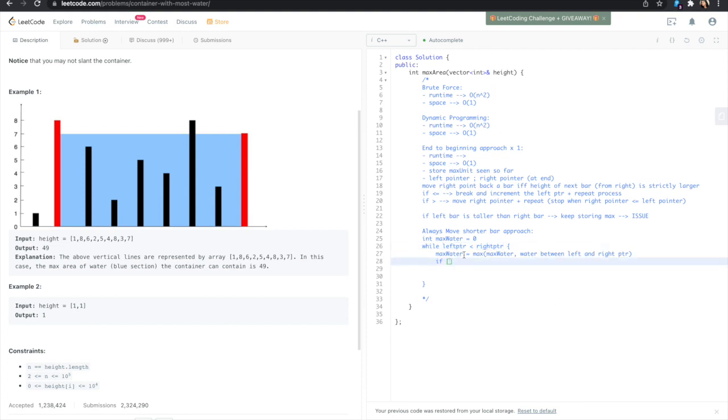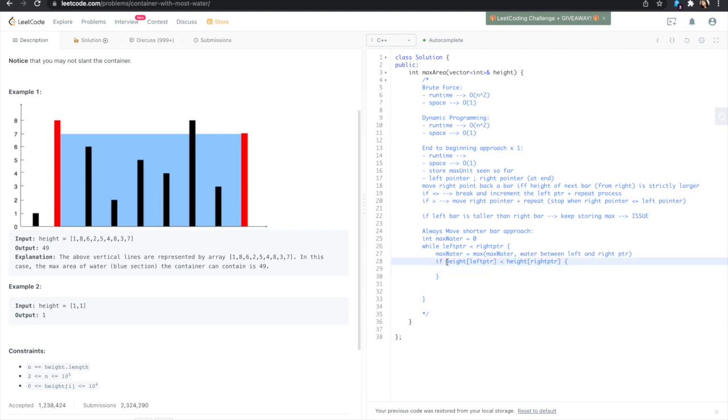But if the height at the left pointer is less than the height of the right pointer, we want to make sure we move the shorter pointer.